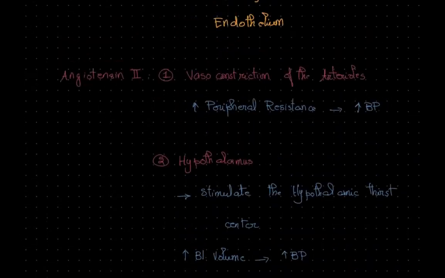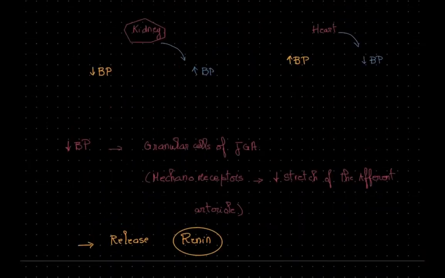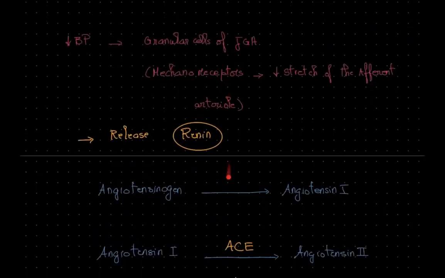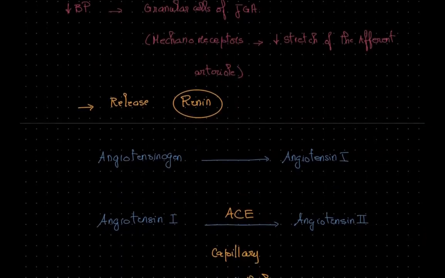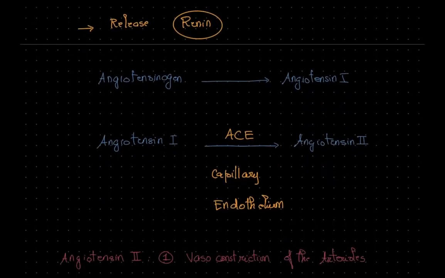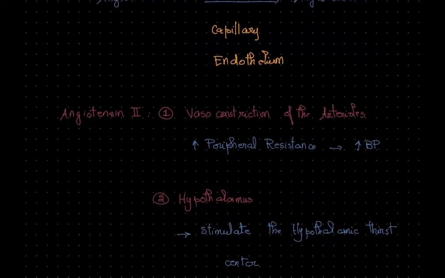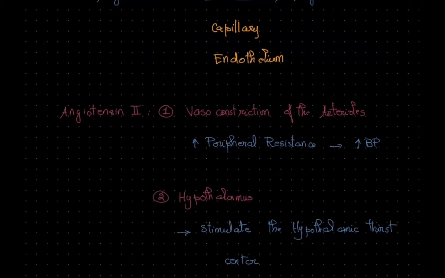But you need to be clear in the description of the sequence of events, like detecting the decrease of blood pressure, stimulating the granular cells, releasing renin, angiotensinogen to angiotensin I. The order here needs to be maintained in the description for it to make sense for somebody who's reading your response. But the order in terms of those 5 points doesn't matter.